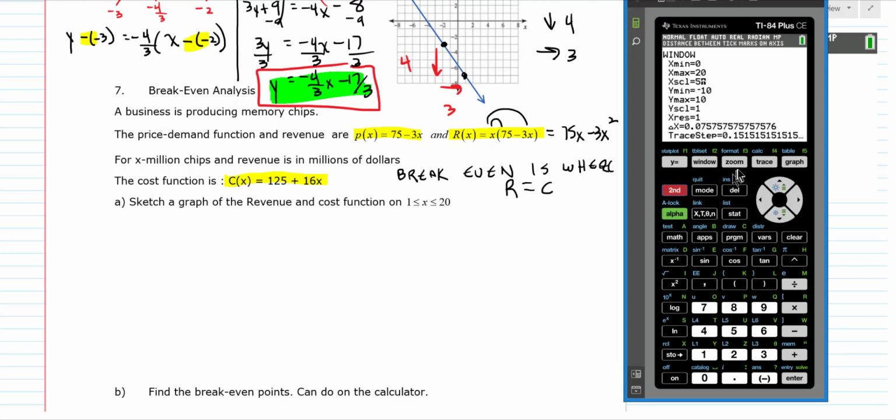So go second table and just start looking at the values of the revenue for these numbers. So look how they're getting bigger as we go all the way to 20. They're up in the 200s, now they're in the 300s. When we get to 20, we're all the way up to 1,100 there for the revenue and 4,500 like that.